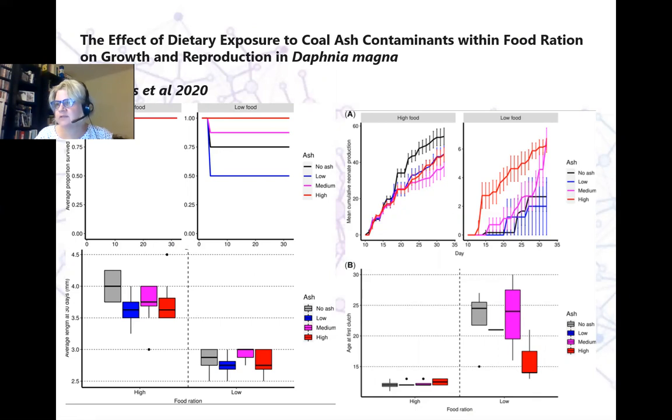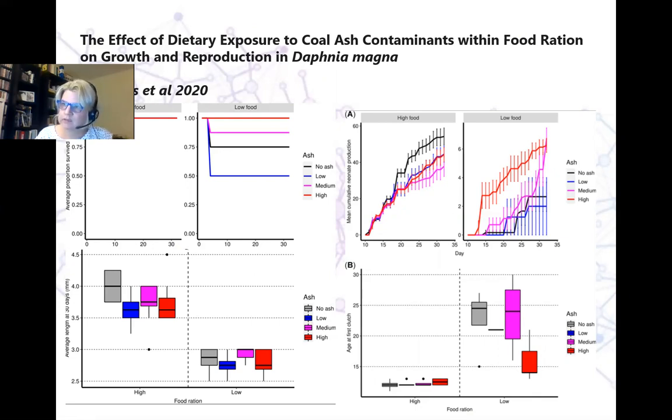The ones that took forever to start producing their first clutches were the low food controls plus the low food and medium ash, but the ones with the high ash levels all seemed to speed up their growth to produce their clutch at a younger age.